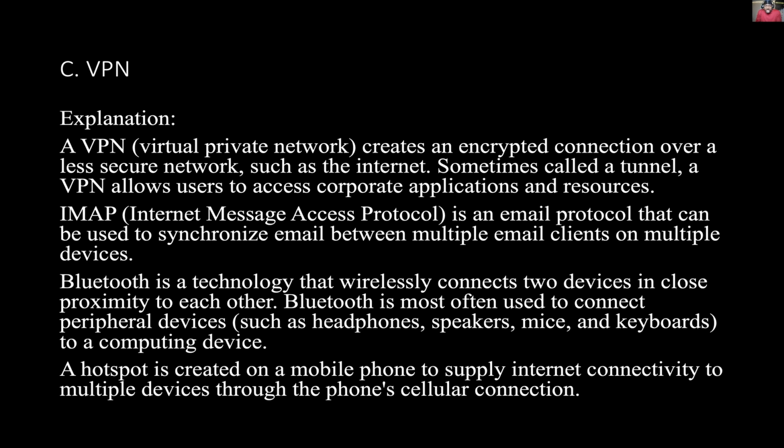Explanation. A VPN, virtual private network, creates an encrypted connection over a less secure network, such as the internet, sometimes called a tunnel. A VPN allows users to access corporate applications and resources. IMAP, Internet Message Access Protocol, is an email protocol that can be used to synchronize email between multiple email clients on multiple devices.